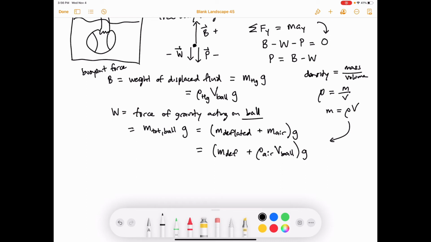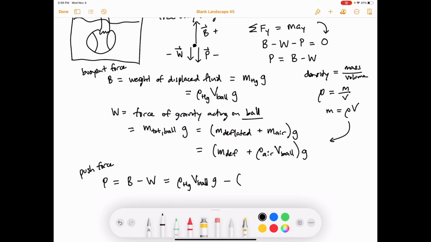Okay, so I think we're in good shape now. Let's put all of that into our equation for the push force. Remember, the push force is equal to B minus W, so it's equal to the density of mercury times the volume of the ball times g. That's the buoyant force, B.